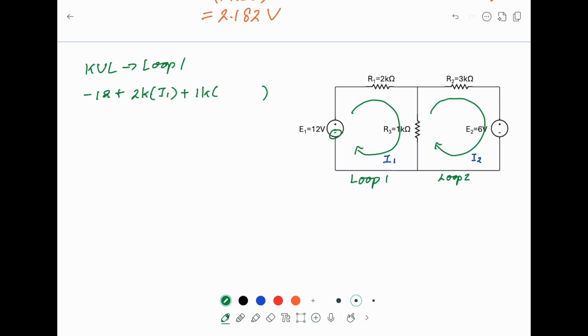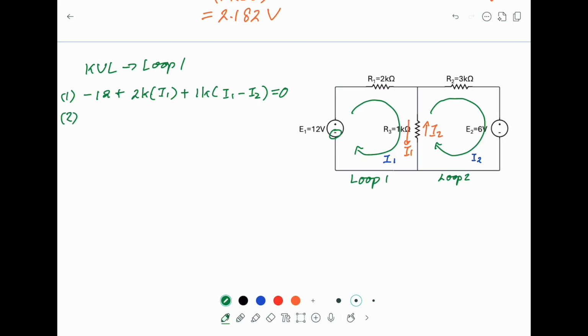So we are analyzing loop 1, so we have to assume I1 is bigger than I2. Again, this is I1, this is I2. So when we analyze loop 1, we have to assume I1 is bigger than I2. So this is I1 minus I2. And here we have equal to 0. This is equation 1.